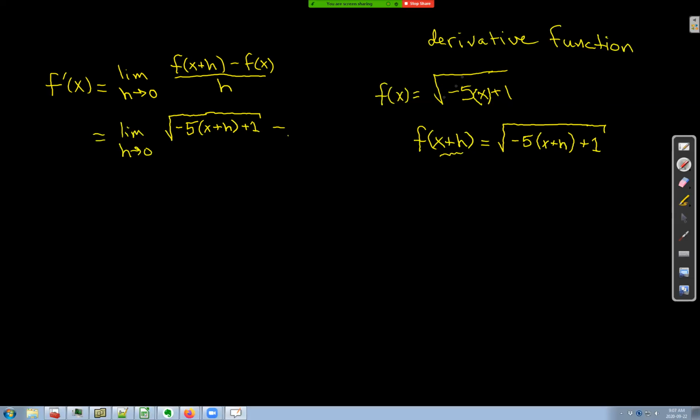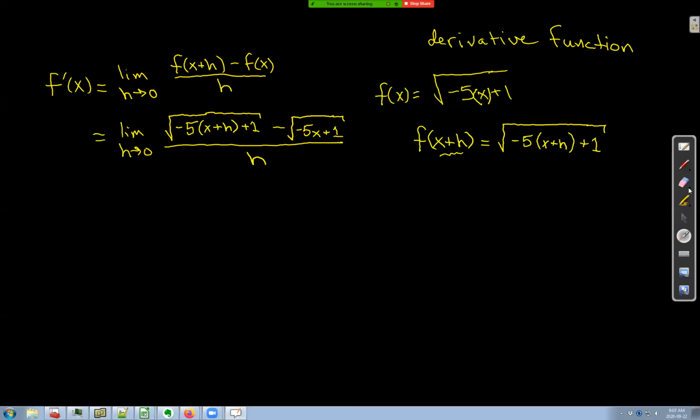So I'm going to subtract the square root of negative 5x plus 1. And then we divide by h. Okay, so this right here is the limit that I have to compute.